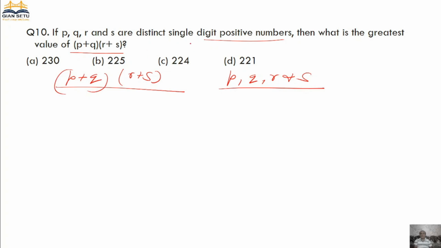But since all these are distinct digits, right, we can assume P is 9 and Q is 8, right? Then R can be 7 and S is 6, right? Only then this expression will have the largest value. So now let's calculate.